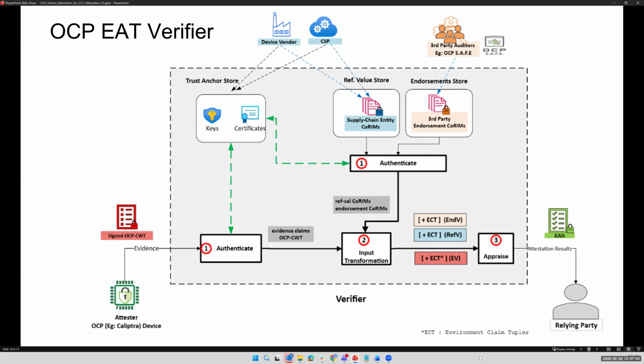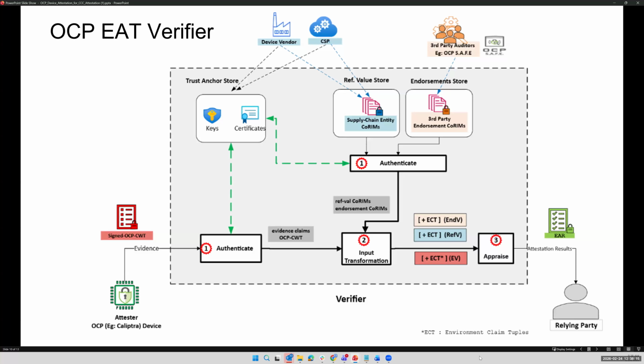The reference values are provided by the supply chain entities in the form of CORIMs, which are also signed. And there can optionally be endorsements provided by third-party auditors, for example, OCP SAFE. They would provide the endorsement similarly in signed CORIM format.